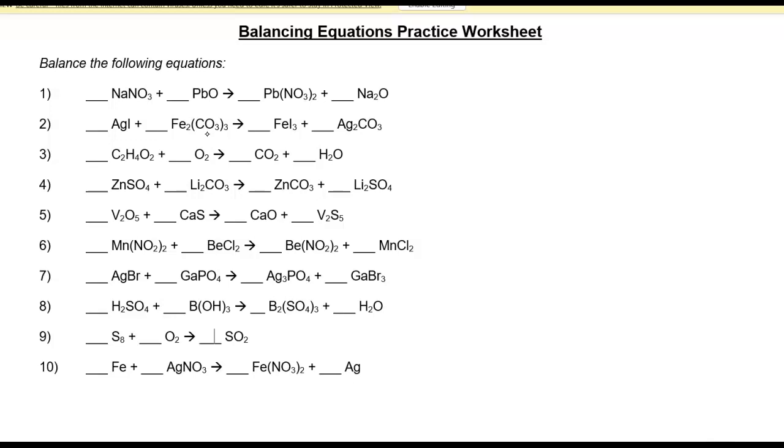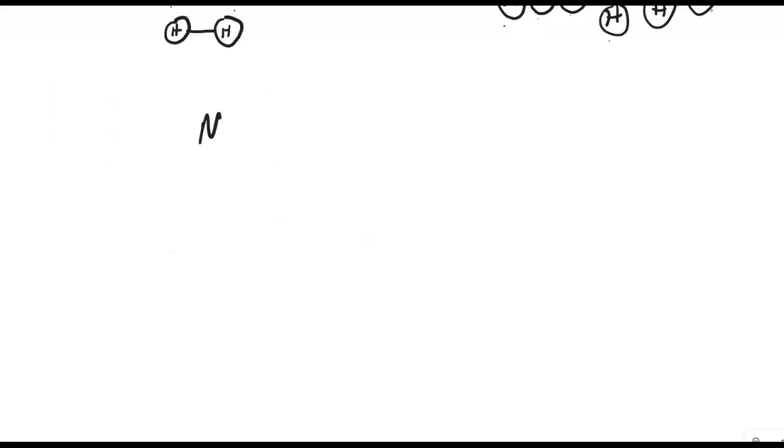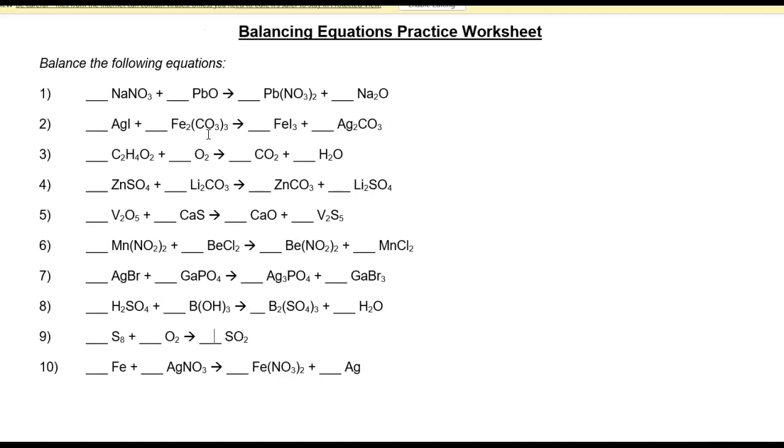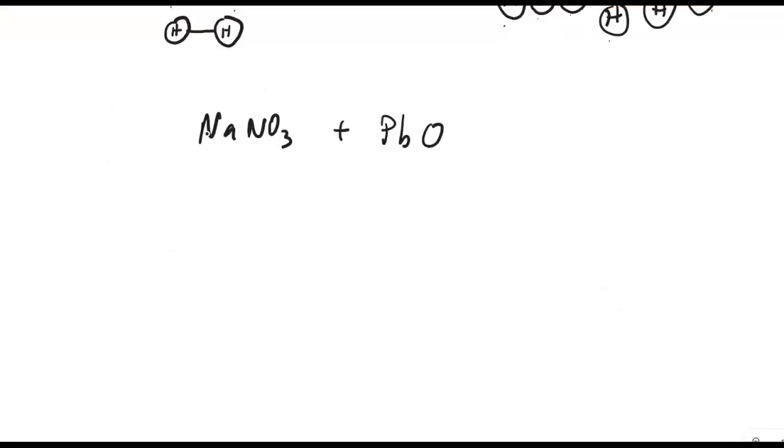Sodium nitrate and lead, and let me make sure I have the right oxidation state, the right charge, PbO. And we are going to see a situation like this.